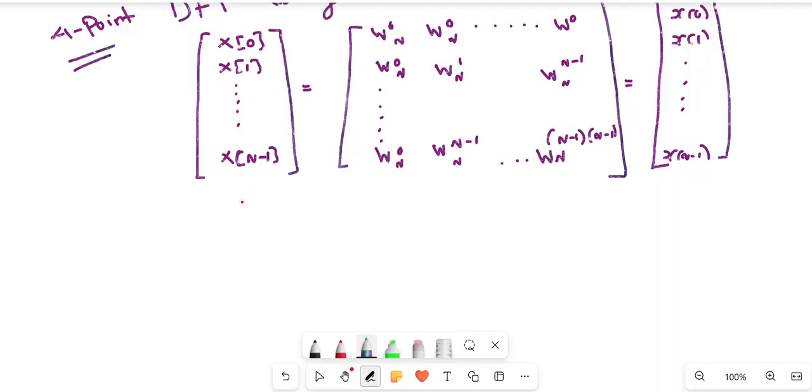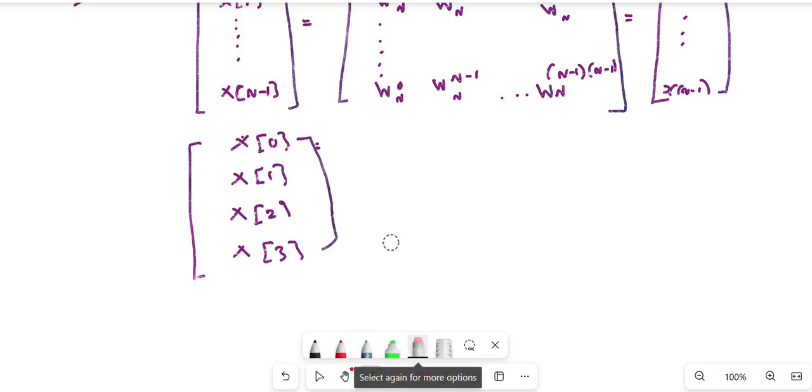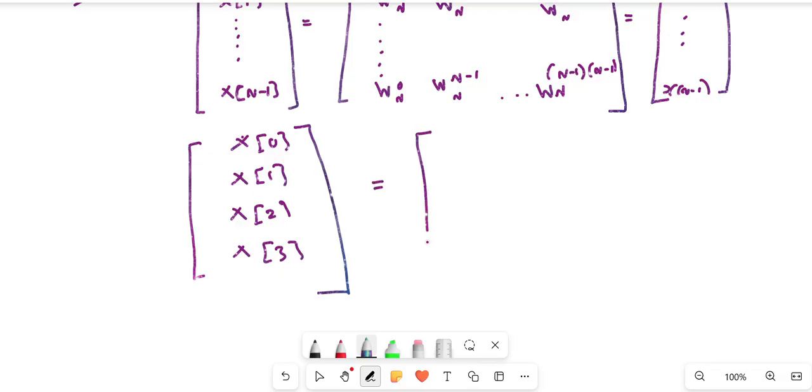For 4-point, the sequence can be written as x of 0, x of 1, x of 2, x of 3, which is equal to the DFT matrix. The first row should be 0 power, so if you calculate, it will be 1 1 1 1. The next rows are 1 minus j minus 1 j, and 1 minus 1 1 minus 1.